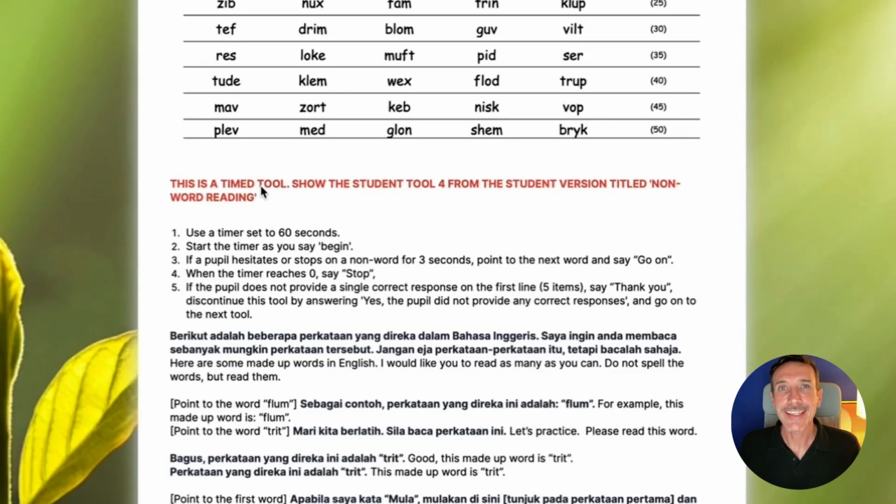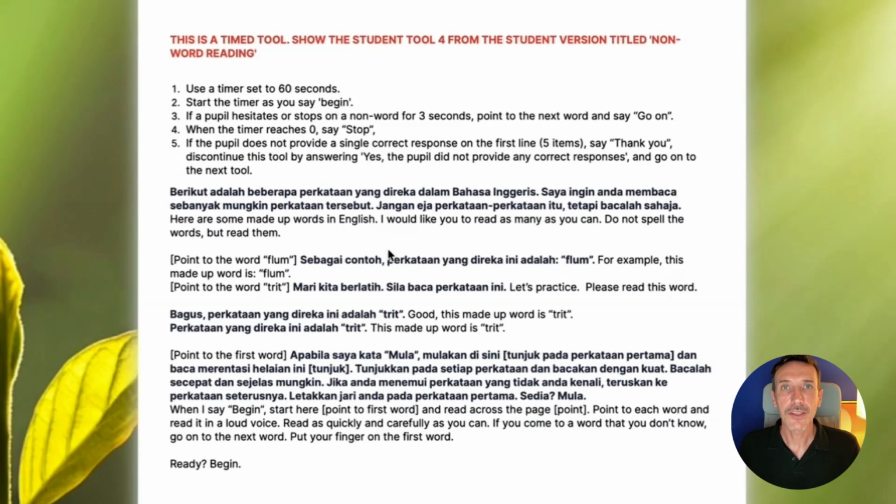Again, this is a key skill in becoming a fluent reader. So you're going to use a timer set to 60 seconds. Again, you can use your phone timer. Start the timer as you say begin.